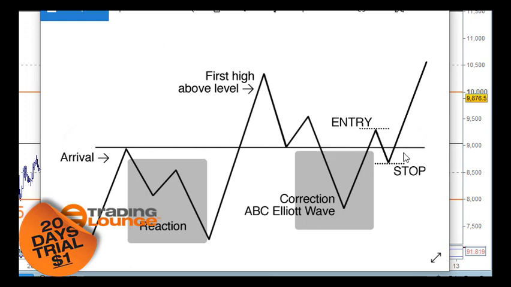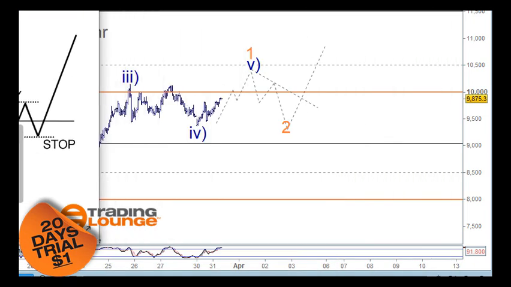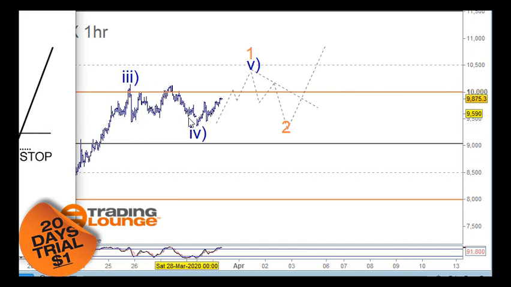So if that's the 10,000, we've got the arrival, the reaction. We're looking for the first high above the level, and then we'd pull back, and then we can go long from that point. So that would be over here: the arrival, the reaction, the first high above the level, then the corrective move here. For a longer term trade, we're looking at the possibility of it over here, but we need to go step by step.